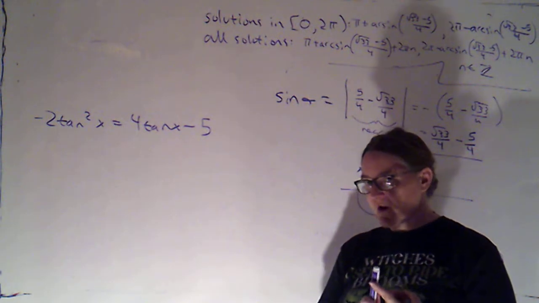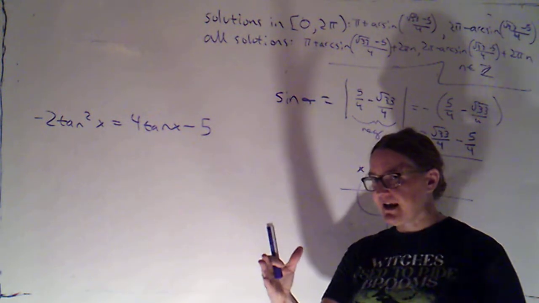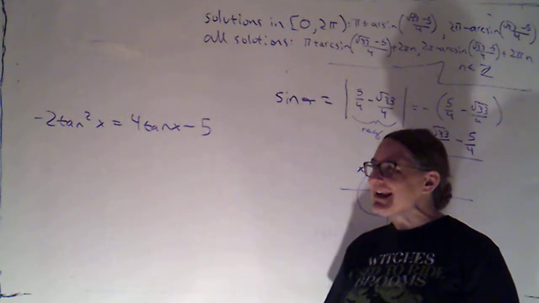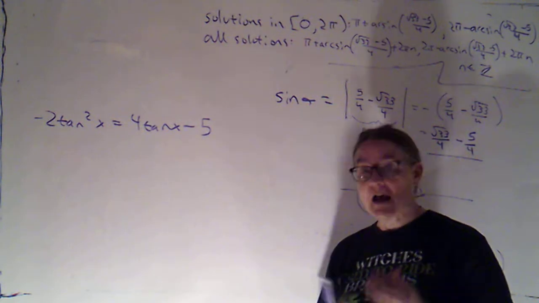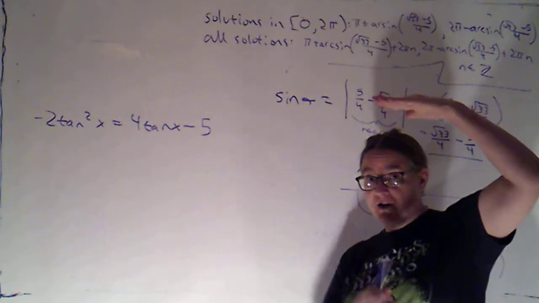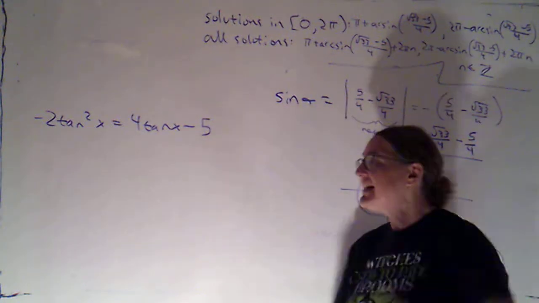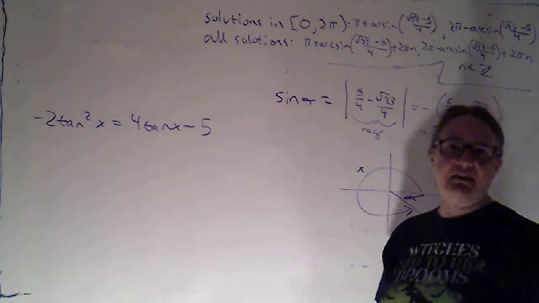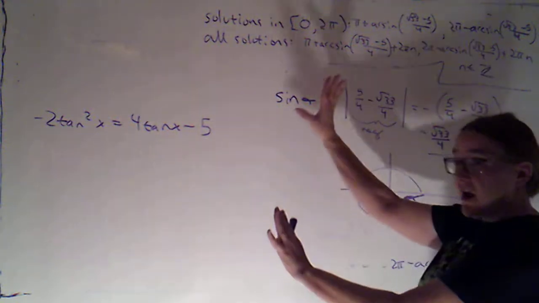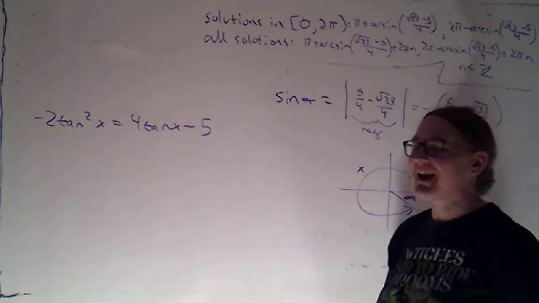With sine and cosine, they can only take on values between negative 1 and 1. Secant and cosecant, I would have to check that their values are 1 and bigger or negative 1 and smaller. Tangent and cotangent, they can be anything. So it's kind of nice. Whatever I get is a valid answer that I just need to work with.